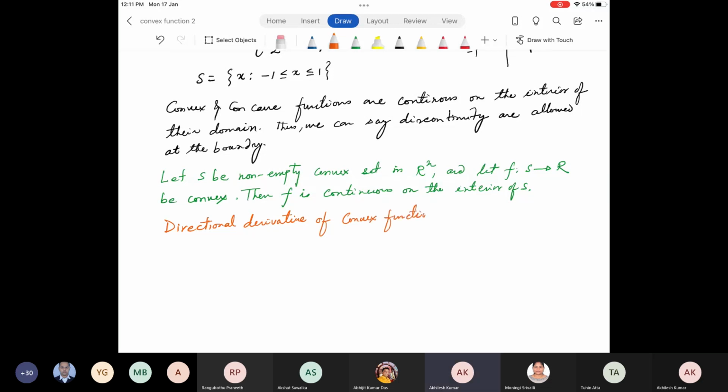Even before I enter into the directional derivative of a convex function, do you understand what a directional derivative is? Tushar has replied something. It's the gradient, very right, so the direction of the gradient.